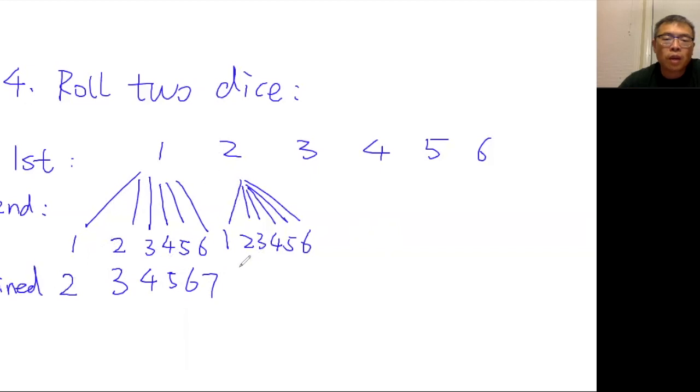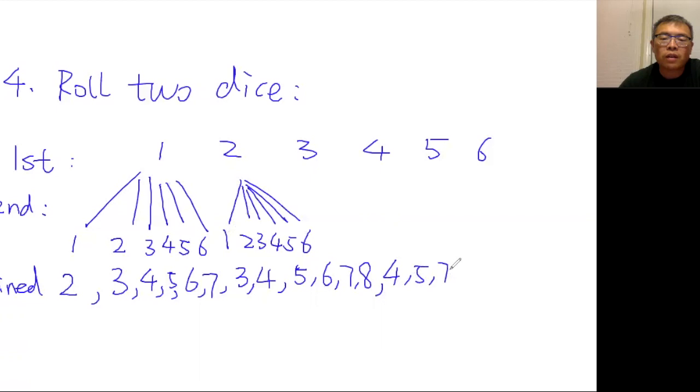Now in this case, maybe let me use some commas to separate numbers. You have 3, 4, 5, 6, 7, 8. Now you can see the trend here. If you do this, you can start from 1, and you get 4, 5, 6, 7, 8, and 9.